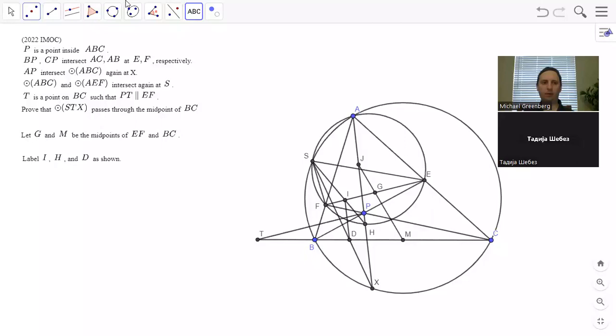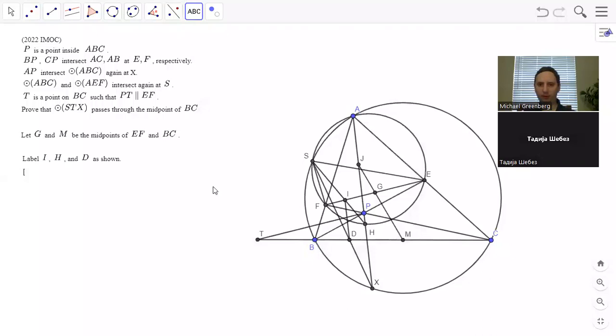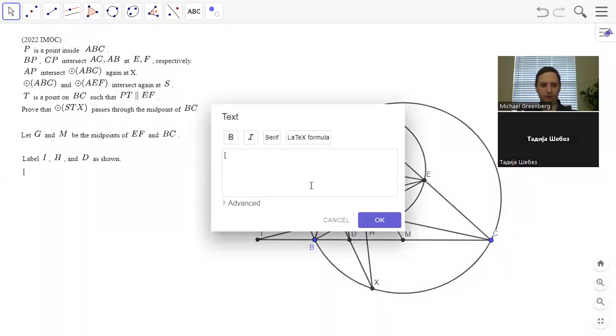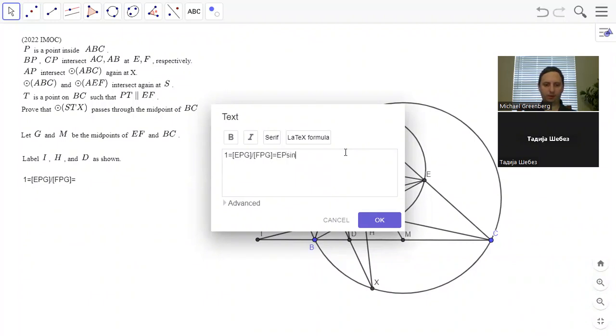So sine EPG over sine FPG. I'll write it like this: the area of EPG over the area of FPG is equal to EP sine EPG over FP sine FPG, and this means that EP over FP equals sine of EPG over sine of FPG.